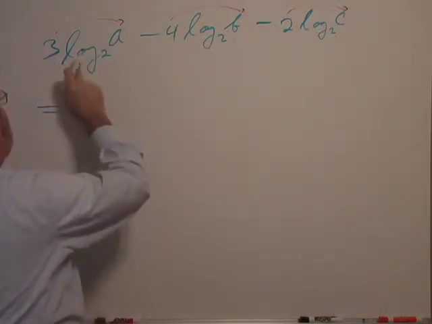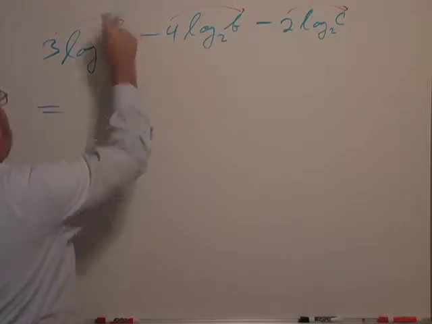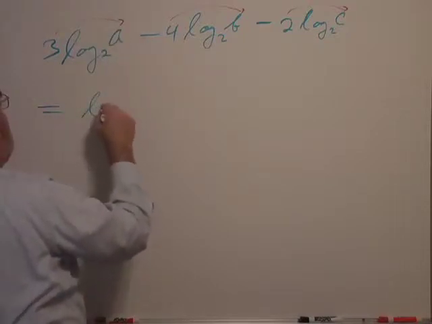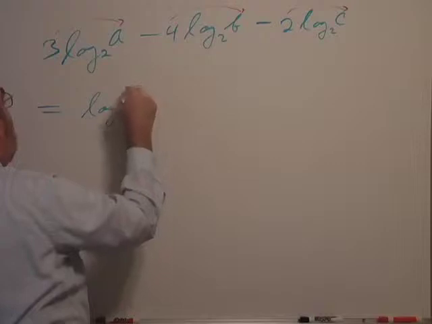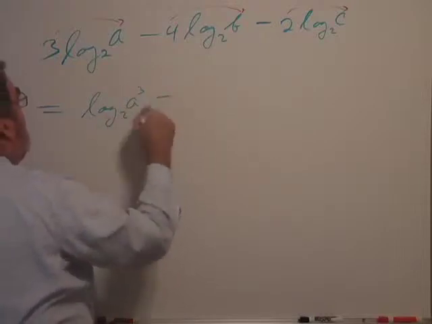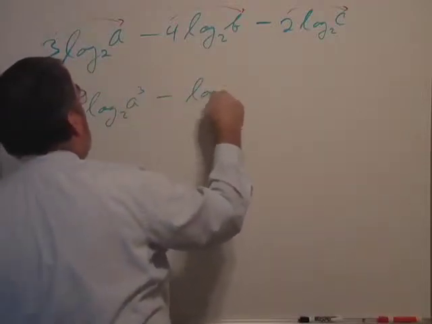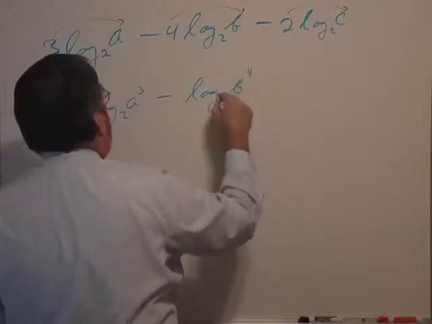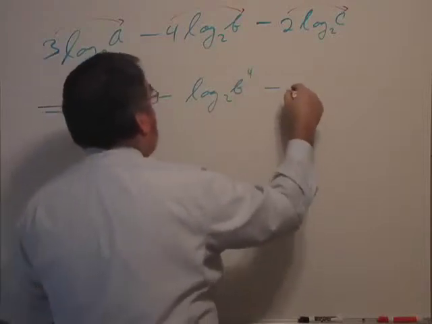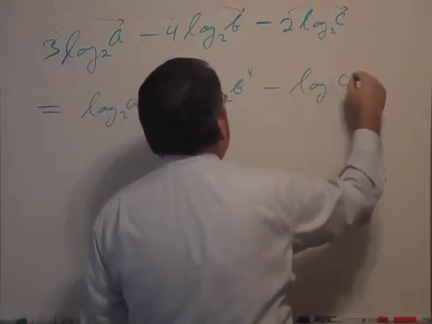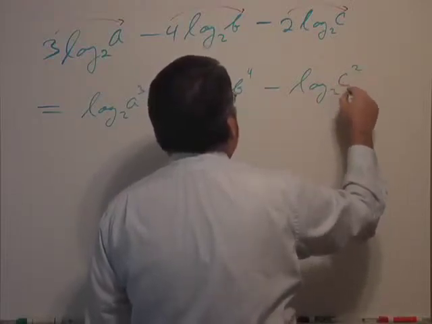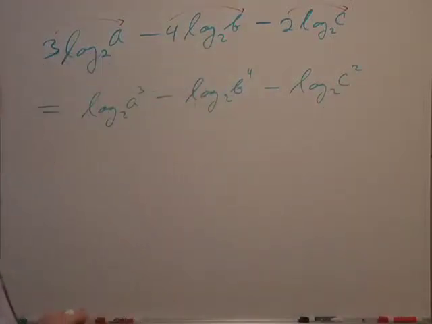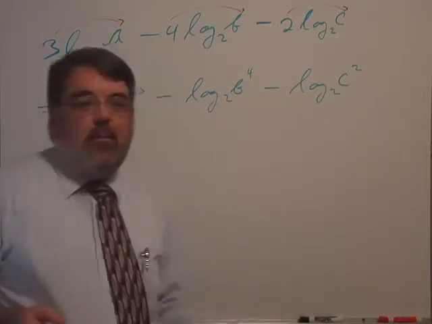So this is going to be log a to the third power base 2, minus log b to the fourth power base 2, minus log c to the second power base 2. That made all these have coefficients of 1.